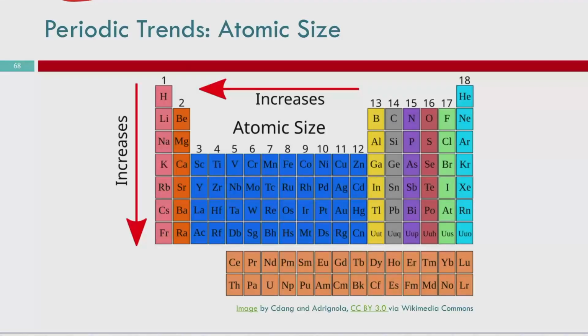So just based on this trend, which of our elements is going to be the biggest, the largest? We would expect that it would be francium, because it increases right to left, it increases top to bottom, so we would expect Fr to be the biggest.